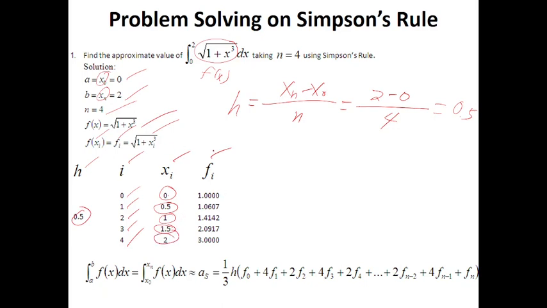Then we substitute: 1 plus 0 cubed, that is 1. 1 plus 0.5 cubed, then we take the square root, 1.0607. Then we have 1: 1 plus 1 cubed, then we take the square root, we have 1.4142 and so forth. Then this is now the Simpson's rule formula.